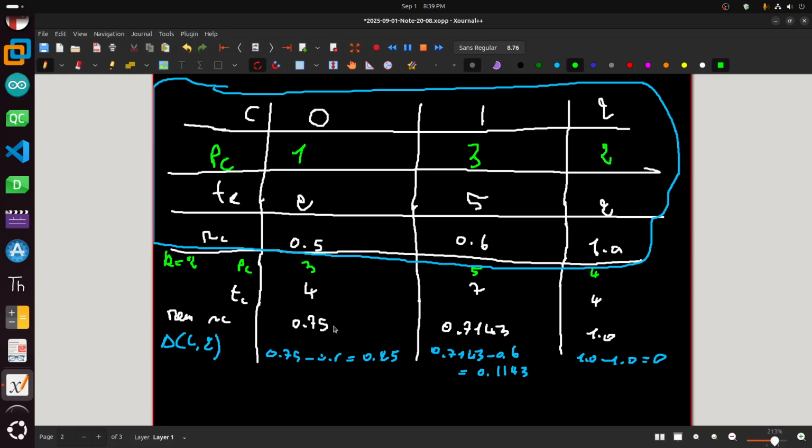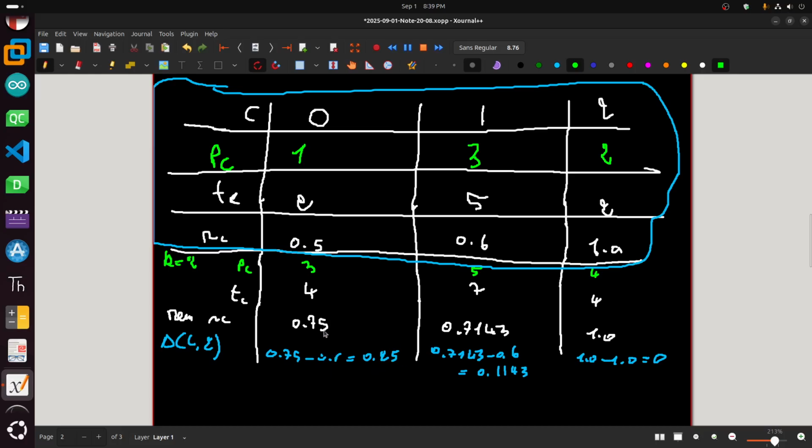So the new ratios are 0.75 for class 0, 0.7143 for class 1, and 1 for class 2. So delta C2 for class 0 is the new ratio minus the old ratio.